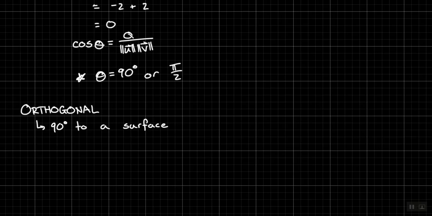Is there an easy way that we can tell if something is orthogonal? Like the surface this time is just another vector, which is fine. How can we check? How do we know that this was 90 degrees without actually having to do the whole calculation? And check this out. We're going to make a claim and you're going to finish this. U is orthogonal to V if, and this isn't a theorem in our book, but I'm trying to think if this is an if and only if.